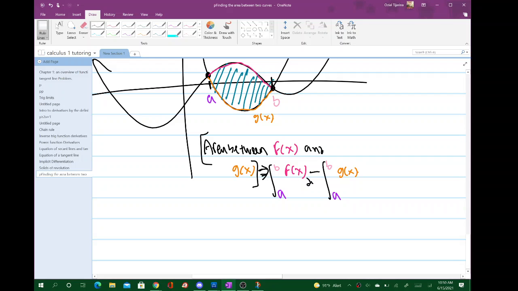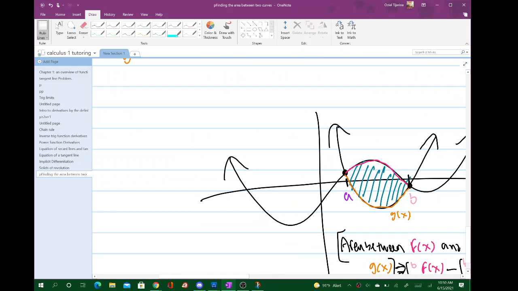And both of them would have a dx next to it.